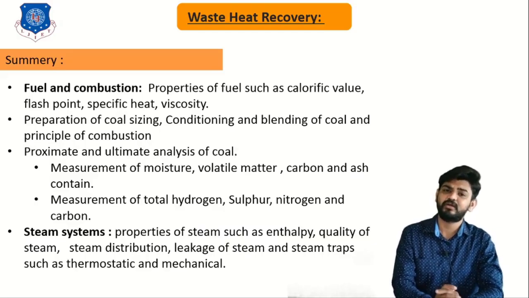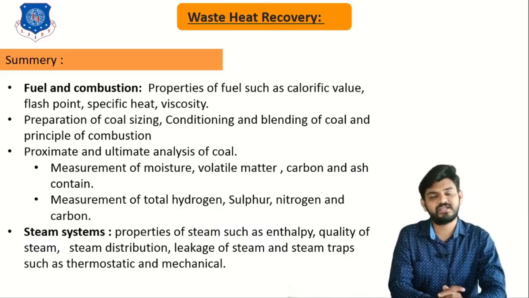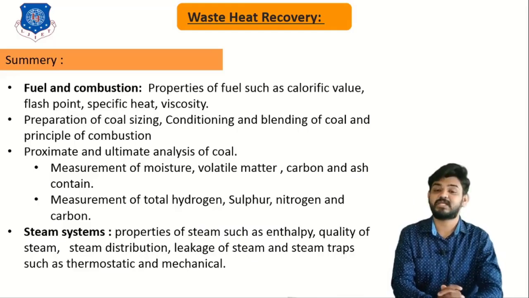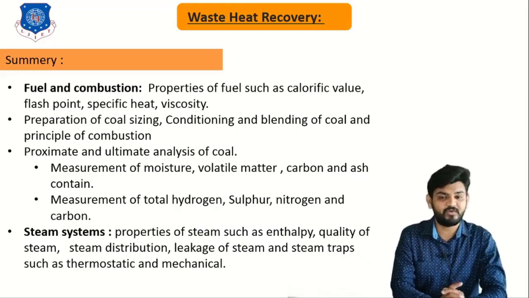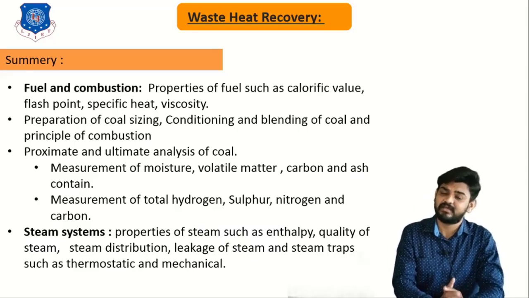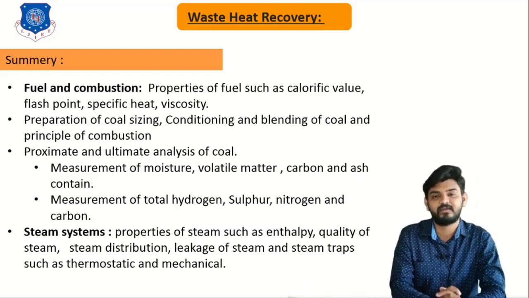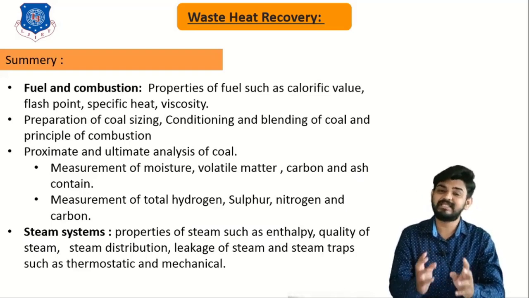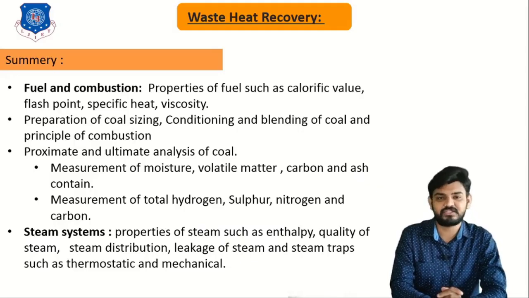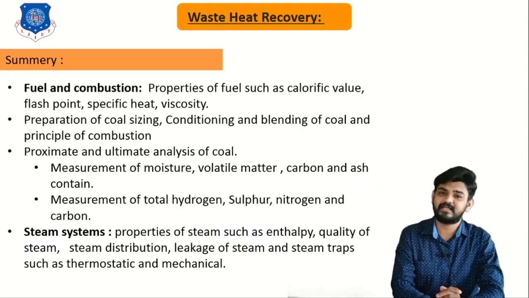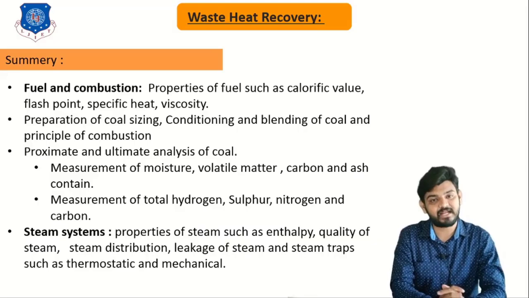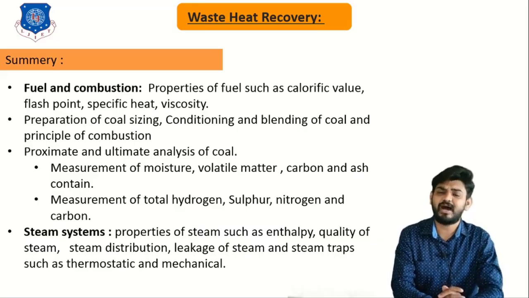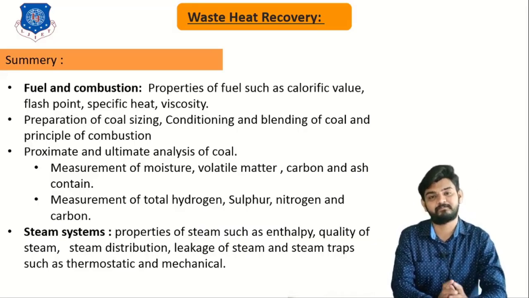Then we have moved to the steam system and understood different properties of steam such as enthalpy and quality of steam, and then we have seen the steam distribution. Then we have understood the leakage and trapping system for steam, such as the thermostatic and mechanical trap systems. These two are again important for the exam.